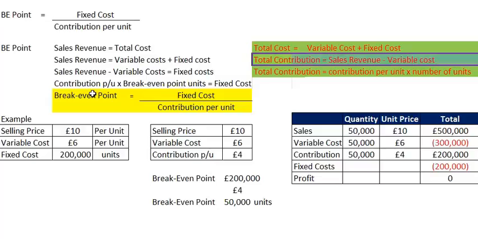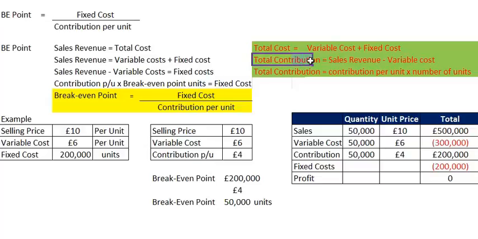And you also know total contribution is contribution per unit multiplied by number of units. We can change this equation to contribution per unit multiplied by break-even units is equal to fixed cost, because sales revenue minus variable cost is total contribution.